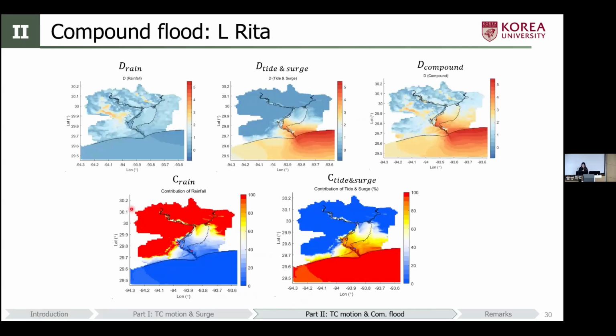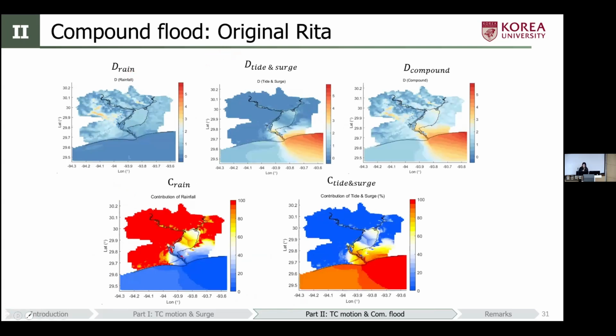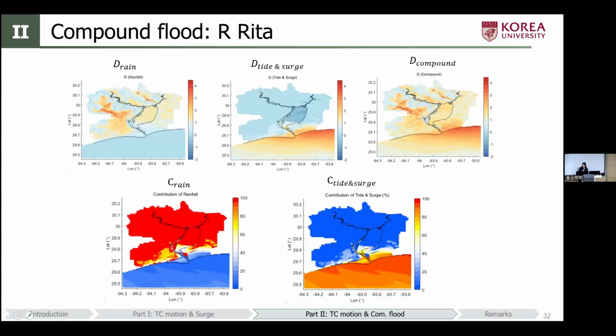These are the results for the D and C matrix for these left Rita cases. And this is for the original Rita cases, and this is for the right Rita cases.